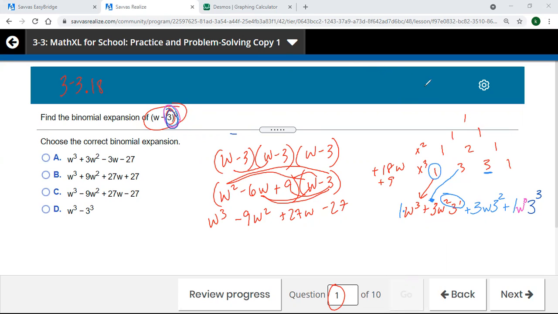Again, remember that the exponents always add up to the cubed of what you're doing out there. So my final answer here: the w cubed, this 3 times that 3 is a 9w squared. And then this 9 times this 3 is a 27w. And this 3 cubed is a 27.